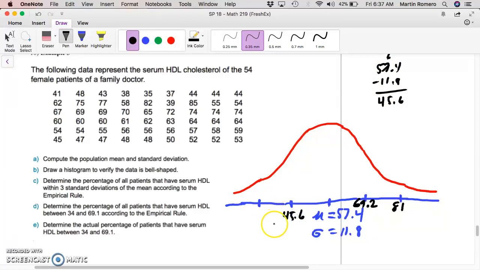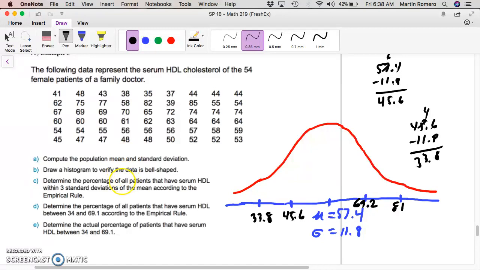Then I subtract another 11.8 from 45.6. So 16, that's my 8, I had to borrow 4, 3, and then 3. So this turns out to be 33.8. So we label it by standard deviations.